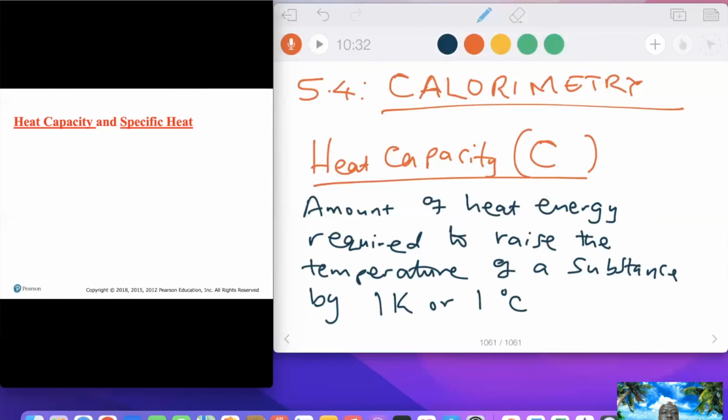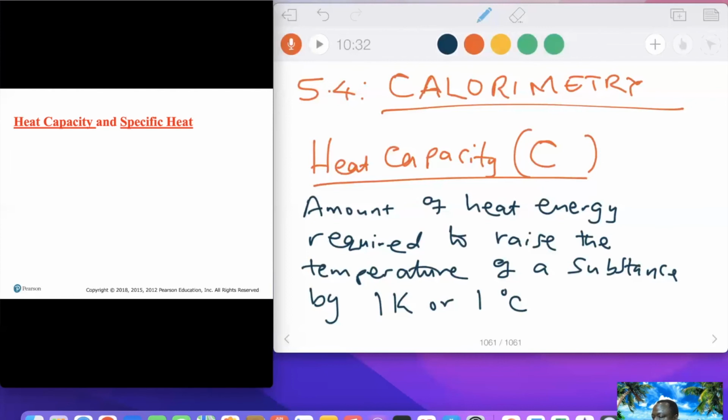We don't specify the amount of substance. If I have 10 grams of H2O or 50 grams of H2O, so long as I can change the temperature of both samples by 1 degree, we're talking about the heat capacity.